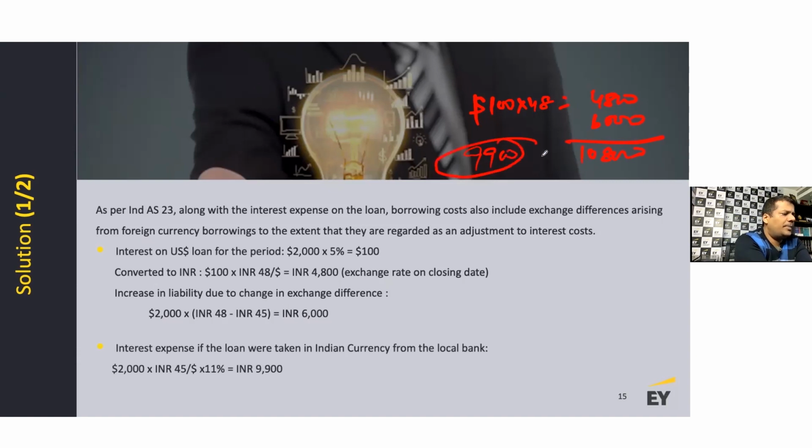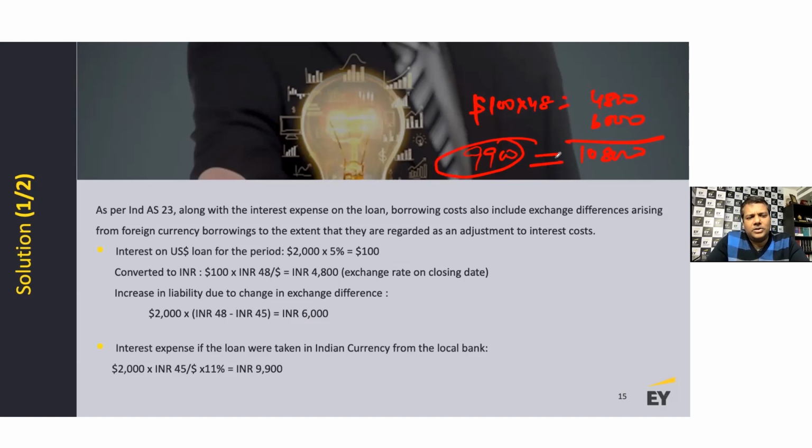So you compare this with 9,900, and the lower of the two is eligible for capitalization. So I will capitalize 4,800 of interest, and on the exchange differences, out of 6,000, I will be able to capitalize only the balance up to 9,900.